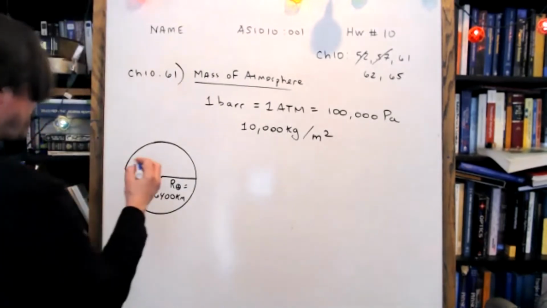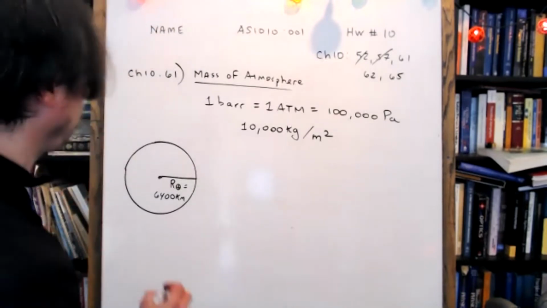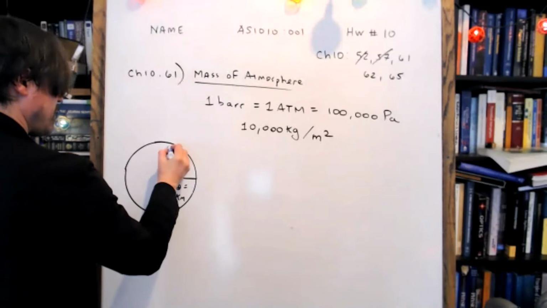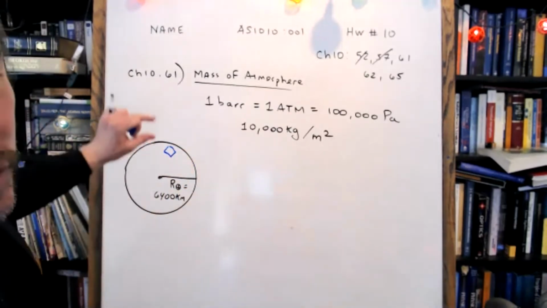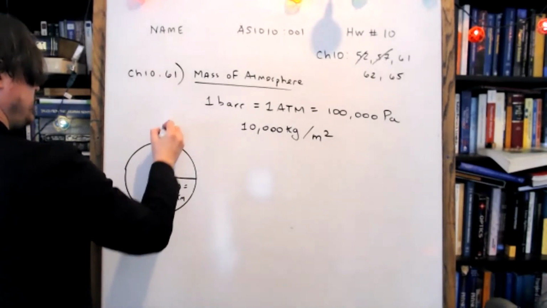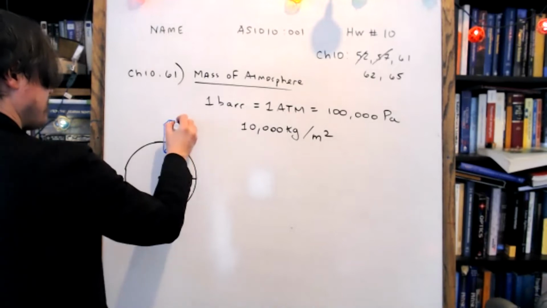And I want you guys to imagine that I just took 1 square meter, roughly the size of this dry erase board. And I want you to imagine me extending this square meter up into the atmosphere.